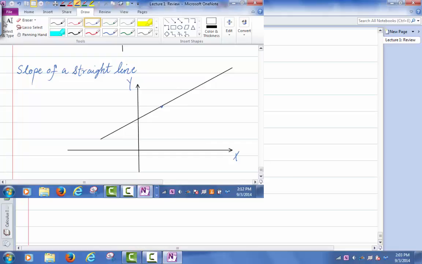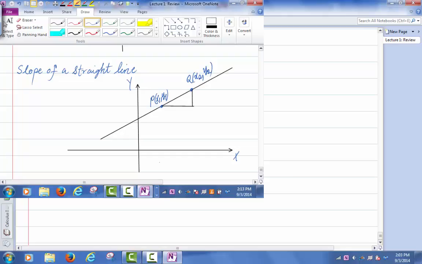Well, pick any 2 points on the line. So I'm going to pick any 2 points arbitrarily, and then look at the following. From the point P, let's say P has coordinates x1 and y1, and the other point Q has coordinates x2, y2.